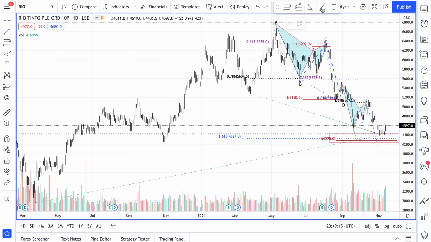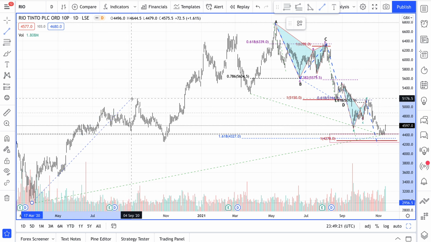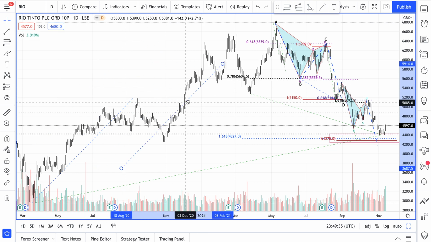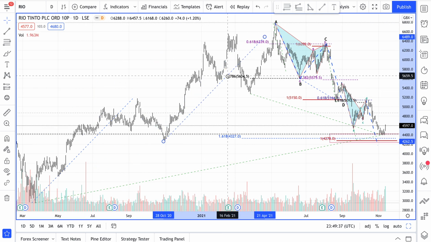One interesting thing is if we try to find whether there is a one-to-one relationship between the swings, we can take a simple line, join the low to the high which was made here, and then clone it and project it from an obvious low here.